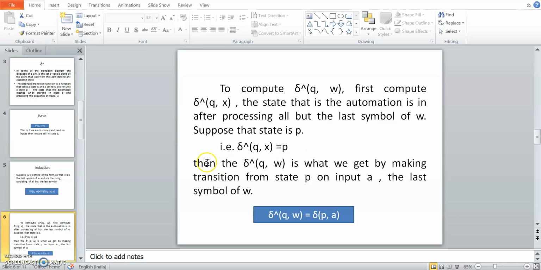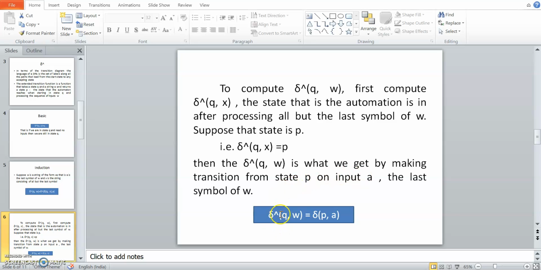Then the transition function of Q and W is what we get by making the transition from state P on input A, that means input A is the last symbol of the string W. So what is the next step?